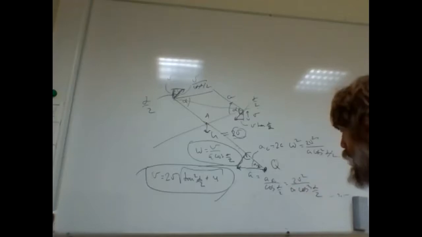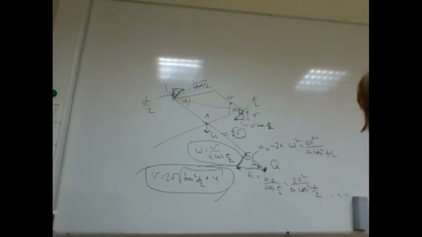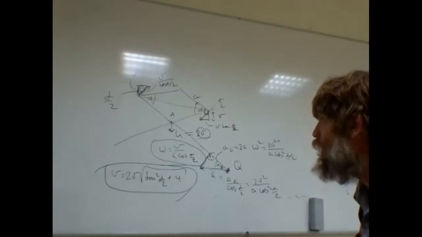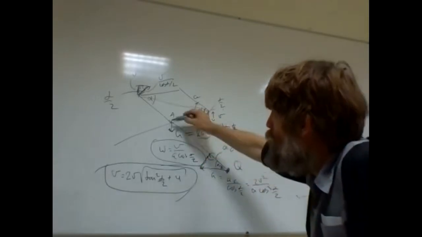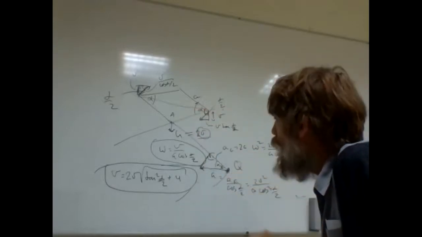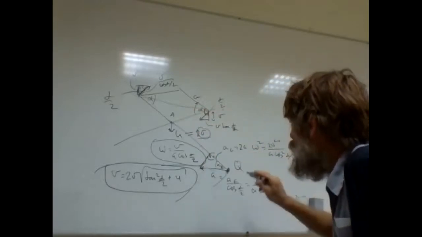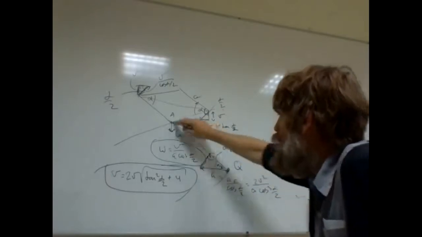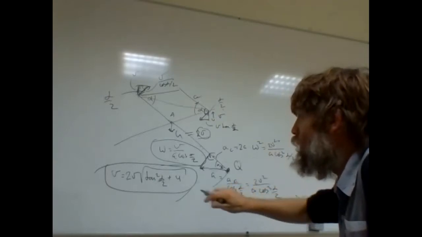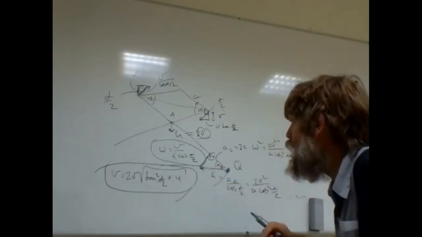Is that more or less all right? So yes, we go to a frame of reference on point A. We see that this moves along a circle. So we find centripetal acceleration, which is radius, which is 2a, multiplied by omega square. But for omega square, we had an expression already.